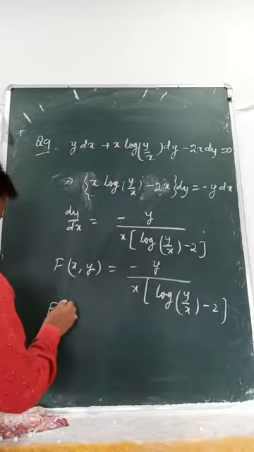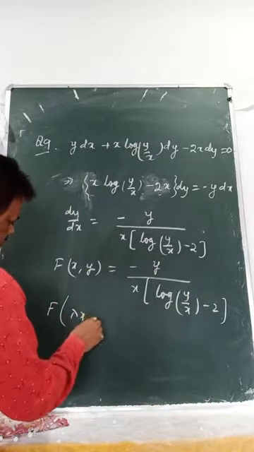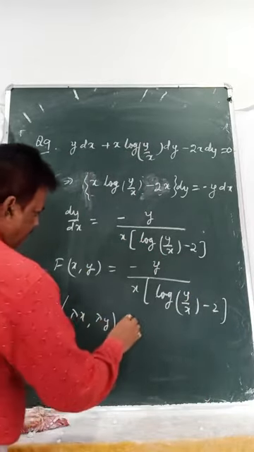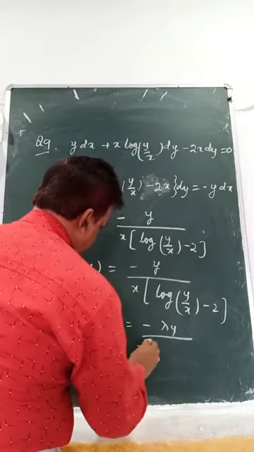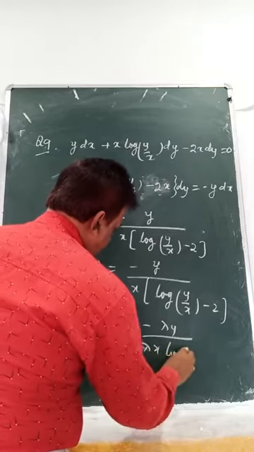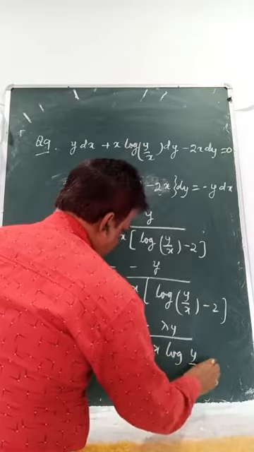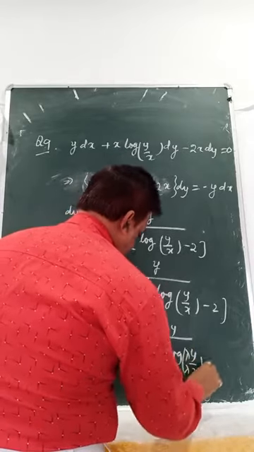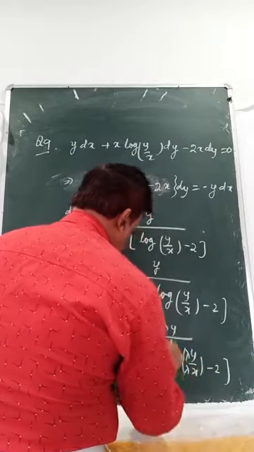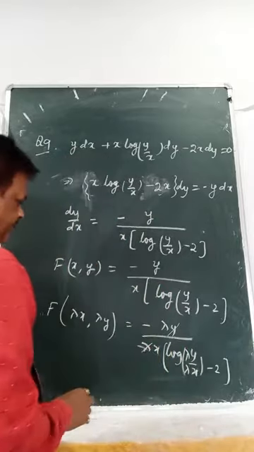So f of lambda x, lambda y is minus lambda y by lambda x, log (lambda y by lambda x) minus 2. Lambda cancels.